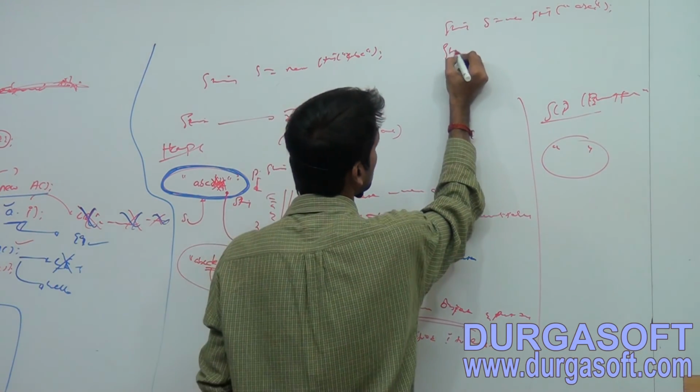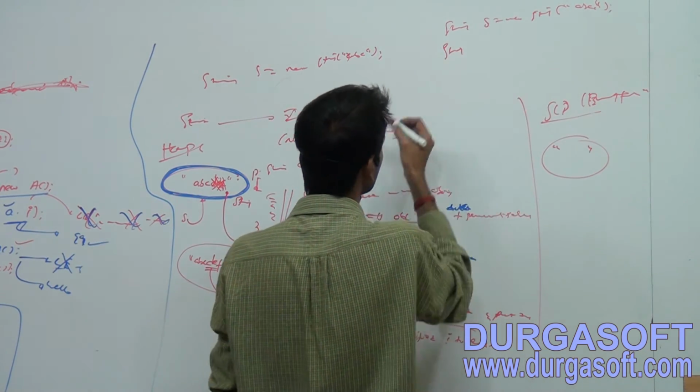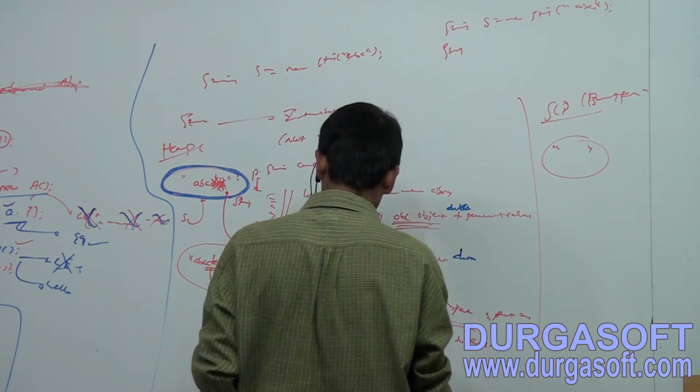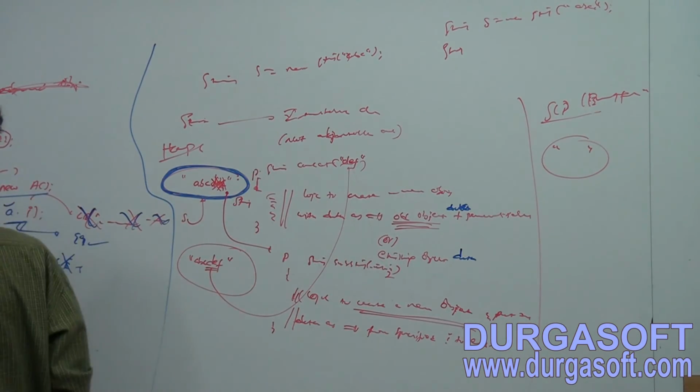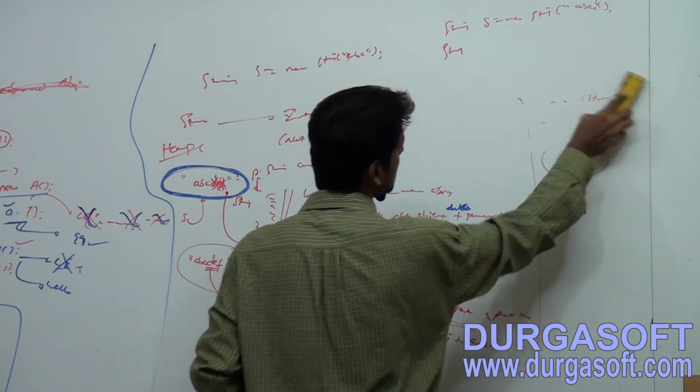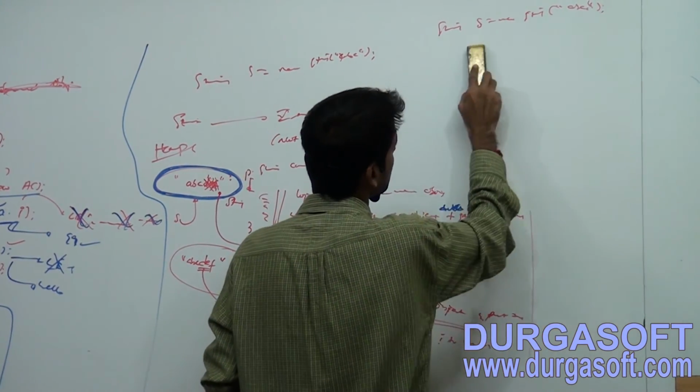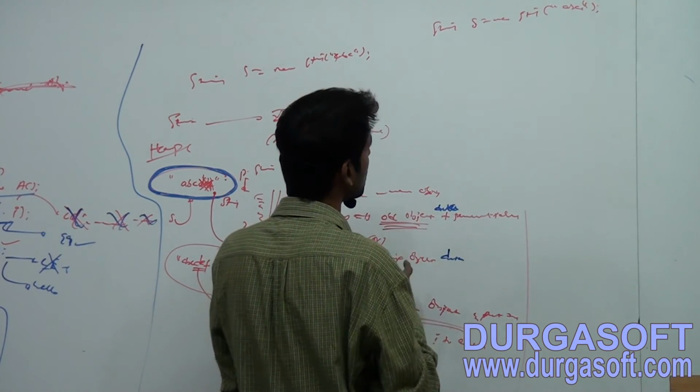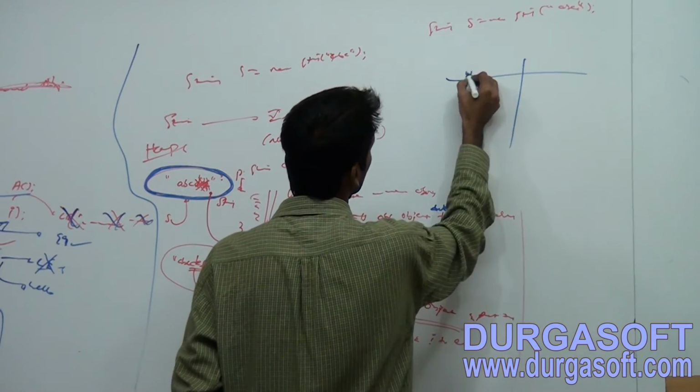Now observe here. Because of this instruction, what happens? String s equals new String. At the heap, what happens?